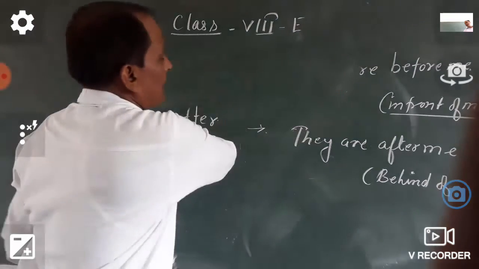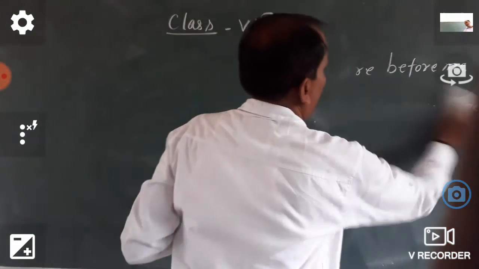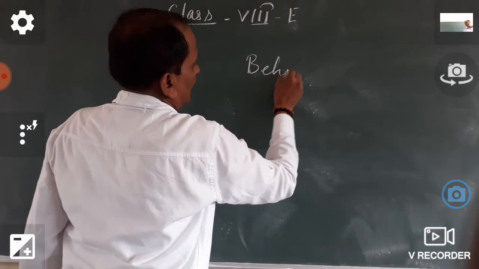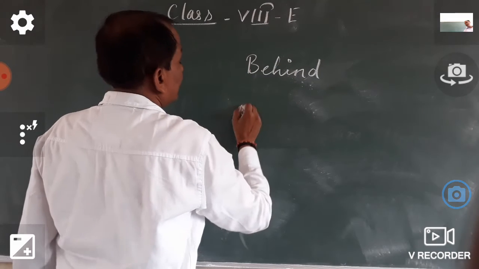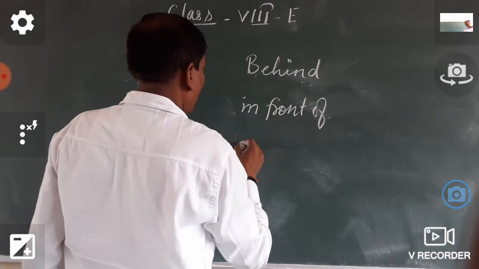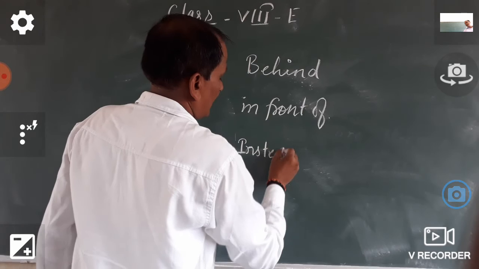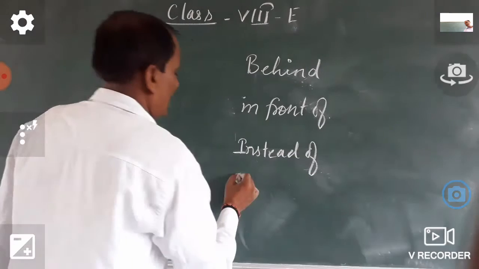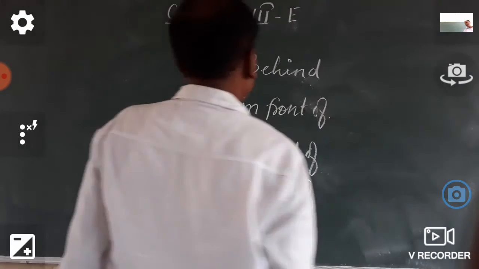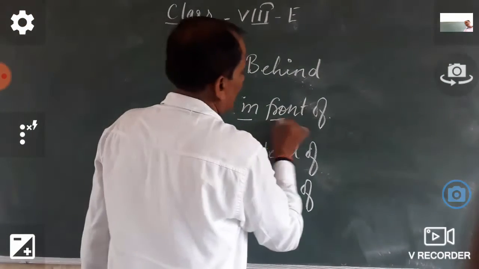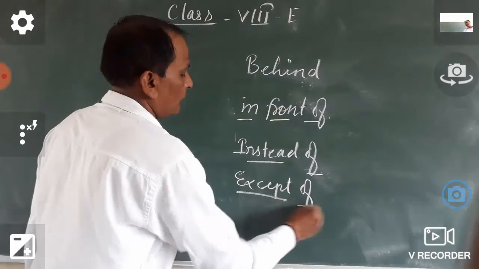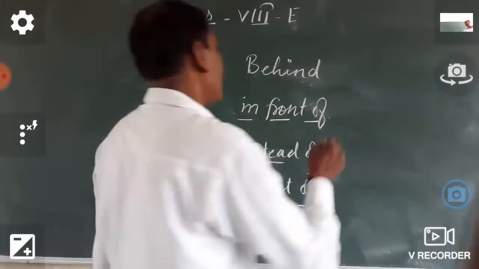Okay. Now you see behind, in front of, instead of, etc. So you see here in some of the prepositions, they have two words together.